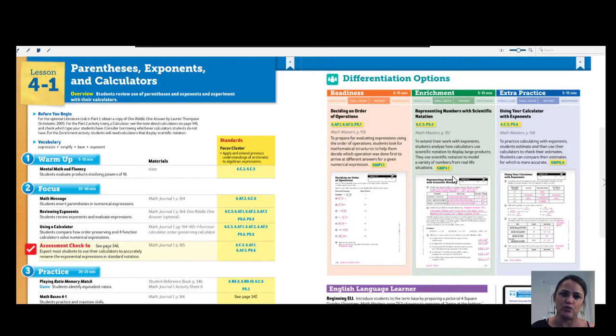And then we just know sometimes we need extra practice, so you're going to have that. What I want to point out is that the rigor of these differentiated activities is not reduced. The way they're engineered is just allowing another way to enter into that content.